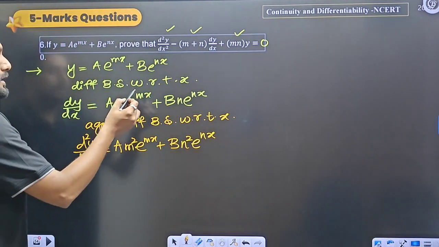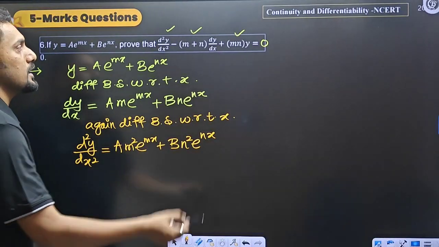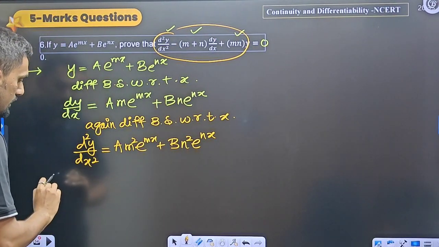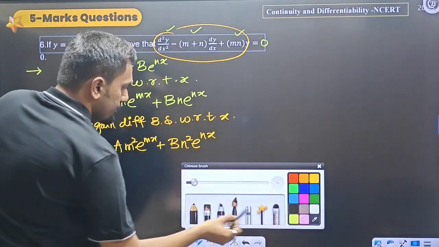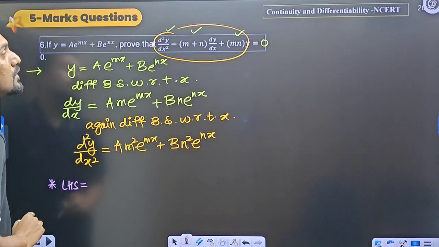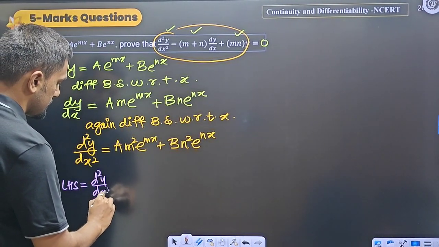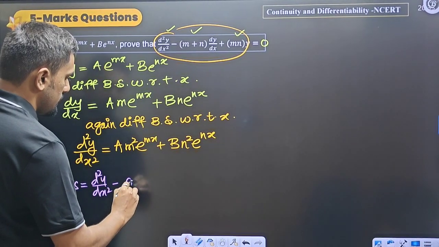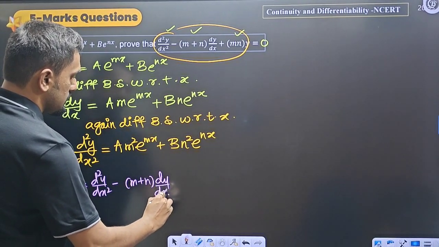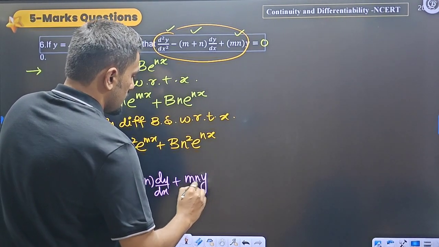Now let us use these two values, dy by dx and d square y by dx square, in the LHS part. Let me write the LHS part. So LHS is equals to d square y by dx square minus m plus n into dy by dx plus m into ny.